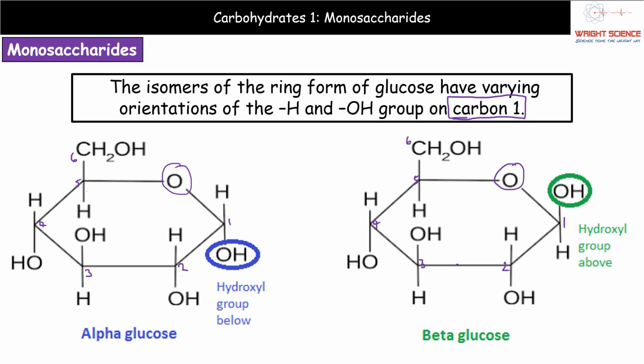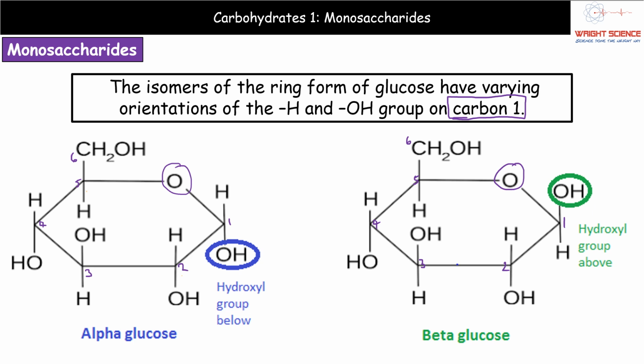Whenever you're drawing this, always start by getting that initial ring structure, making sure you remember the oxygen in that top right position. Then we finish off our carbon 6 group, so you just need to add the CH2OH onto that 6th carbon atom at the top. Then we get the hydroxyl group on carbon 1 in the right place.